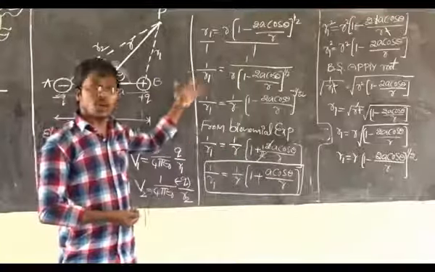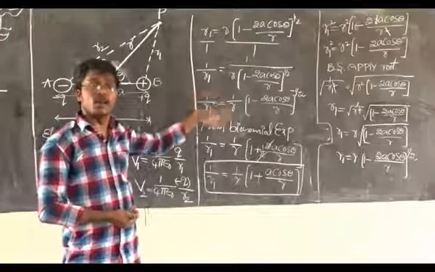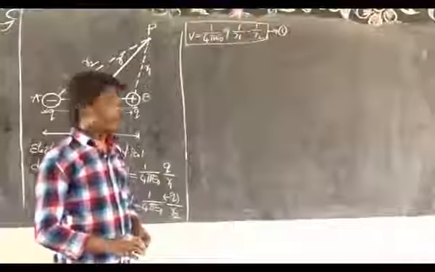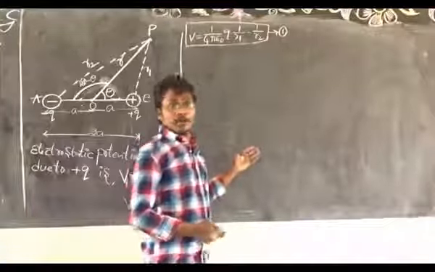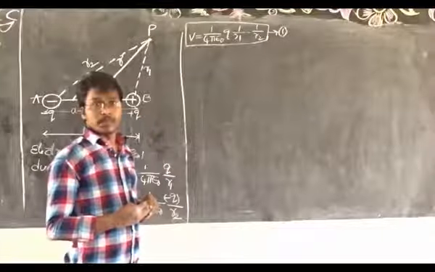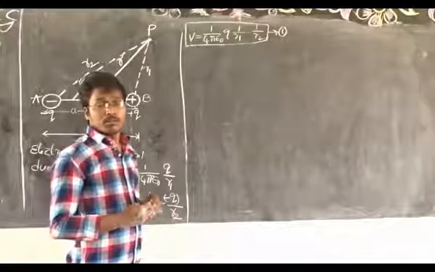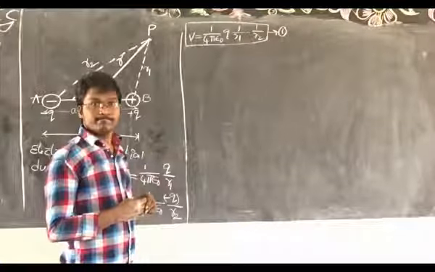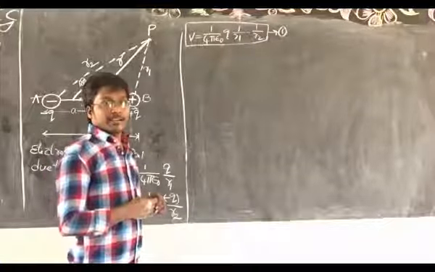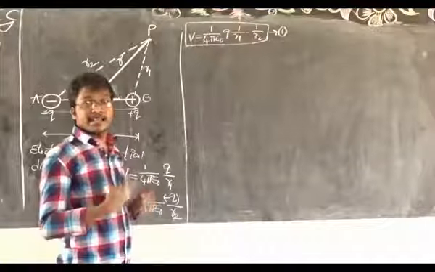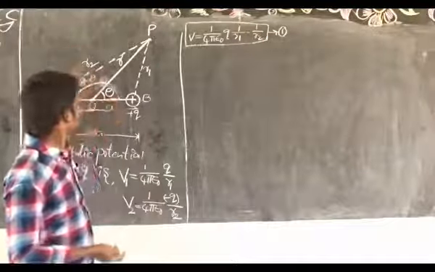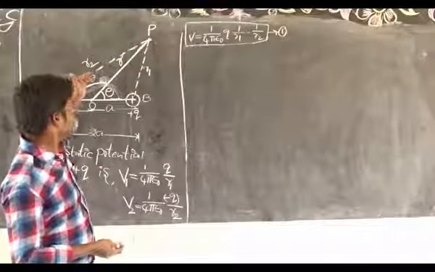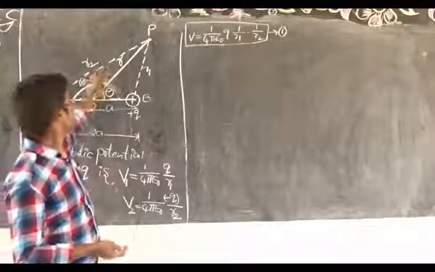Same way, now again we can find 1 by R2. After that we can add both expressions. Now we found already the 1 by R1 value. This time I am applying the cosine law in the second triangle.